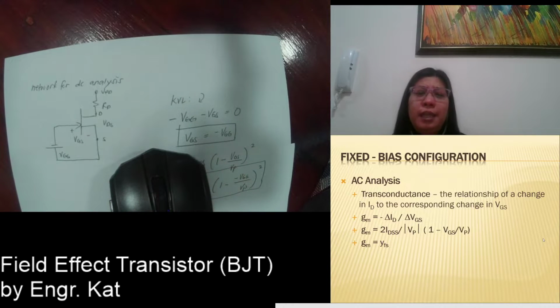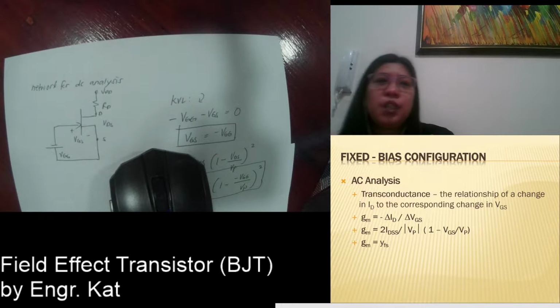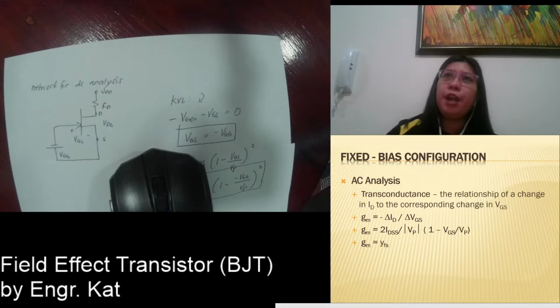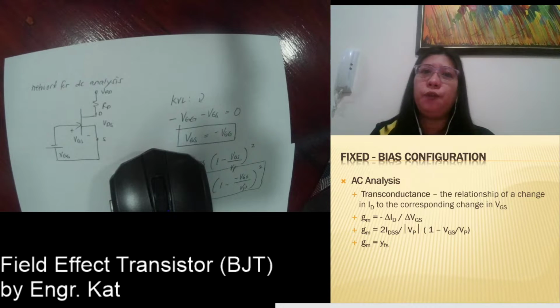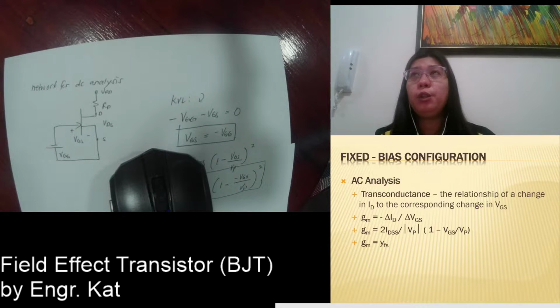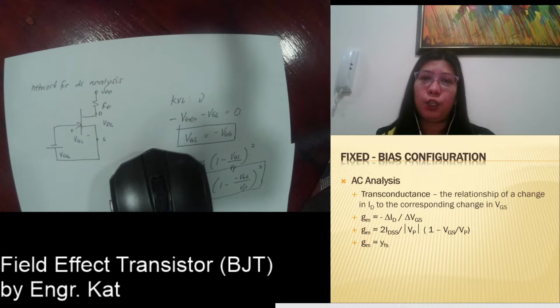Now, the AC analysis for FET is very straightforward, much simpler if we compare it with the BJT. If you remember our BJT discussion, there are four important parameters for your AC analysis: the input impedance, the output impedance, the voltage gain, and the current gain.